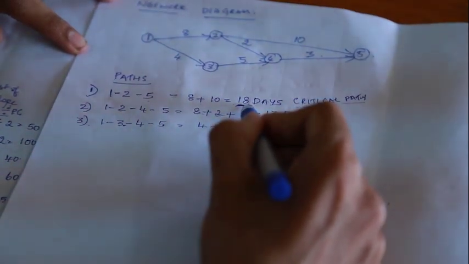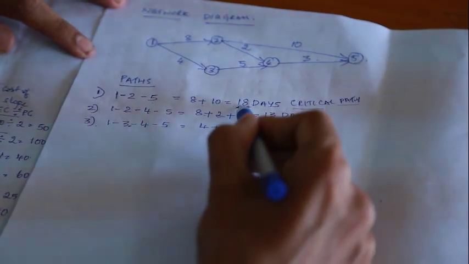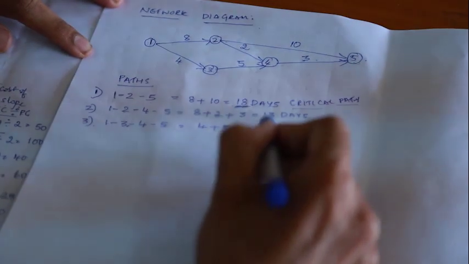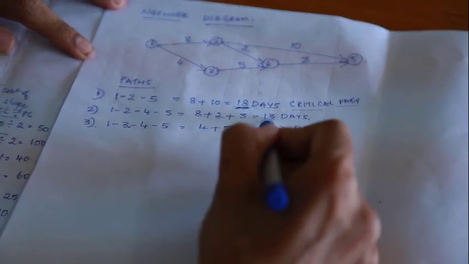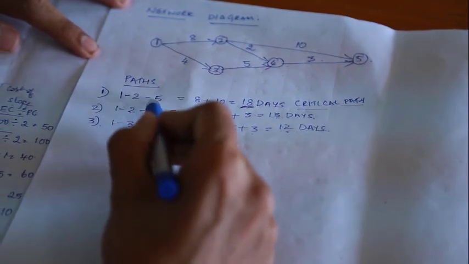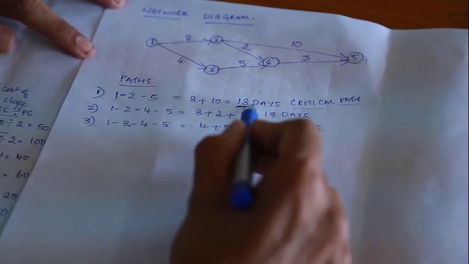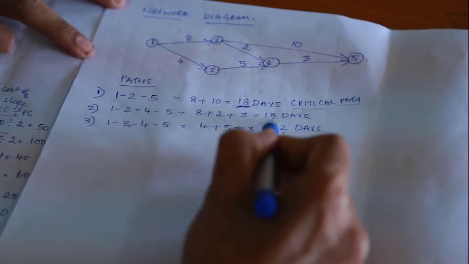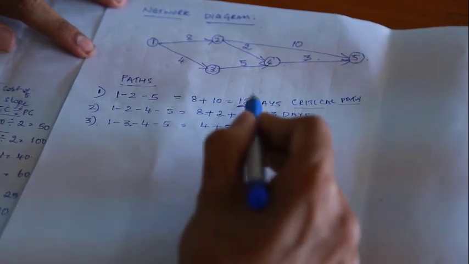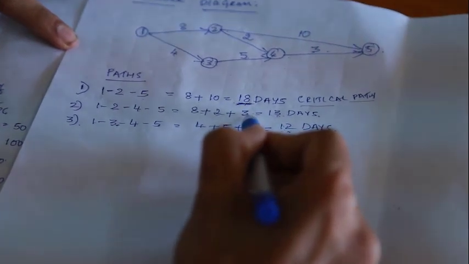The next maximum is 13 days, which means we have a possibility of cutting down 5 days. 18 minus 5 gives us 13 days, which means we'll have to cut down one of the activities so that we can reduce 5 days and bring it to 13 days. When I bring it to 13 days, this critical path will become parallel to the second path. Let's do it.